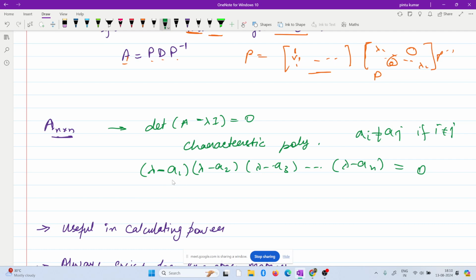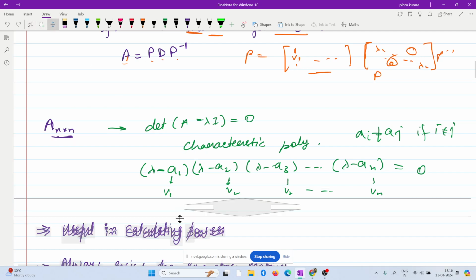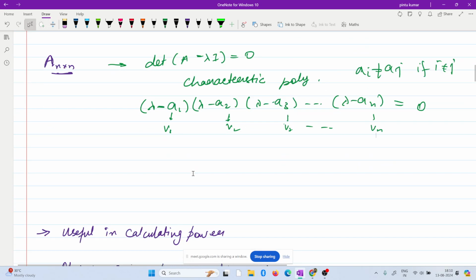That means all the eigenvalues that you are getting are different. So for different eigenvalues, let's say their corresponding eigenvectors are v1, v2, v3, vn, then your corresponding eigenvectors are always linearly independent. Let's take an example: your characteristic polynomial is lambda minus 3, lambda minus 4.